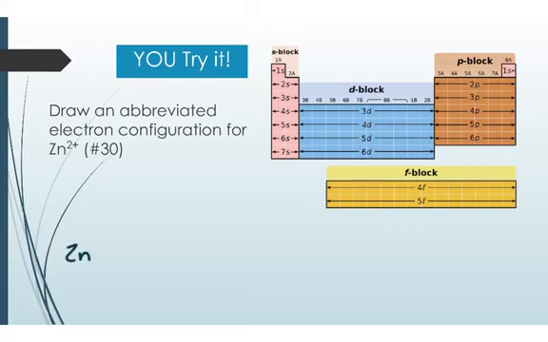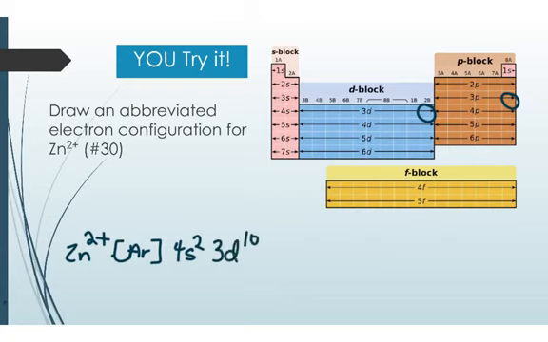So we've got Zn2+. We're going to start with zinc. Zinc is just here. And the preceding noble gas is up here. That's argon. So from argon, we're coming across, and we are in the 4s, 4s2, and then 3d.